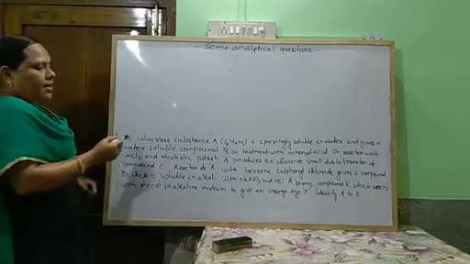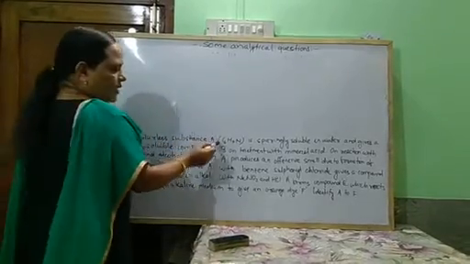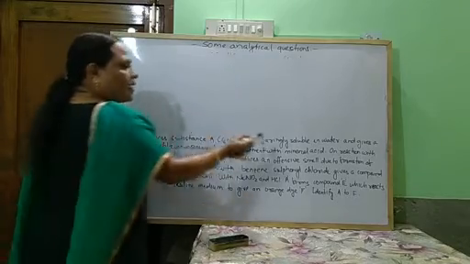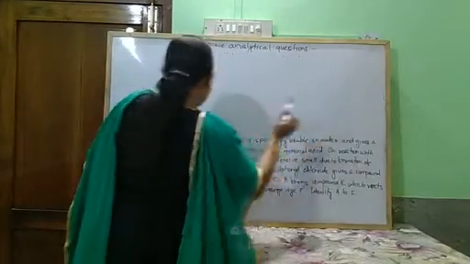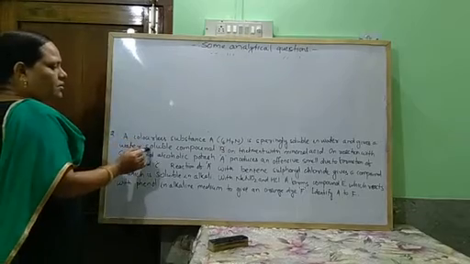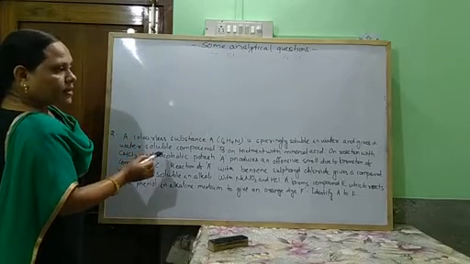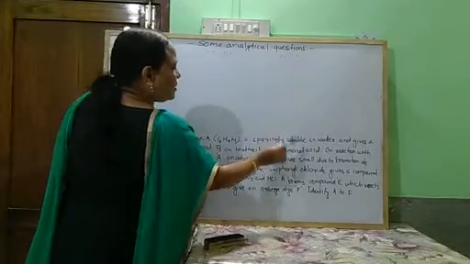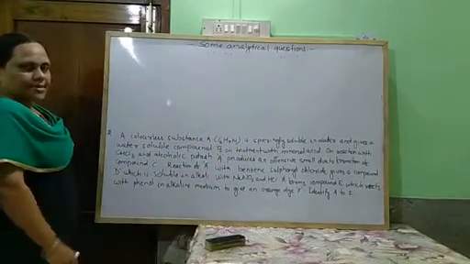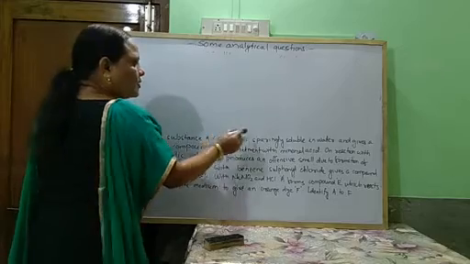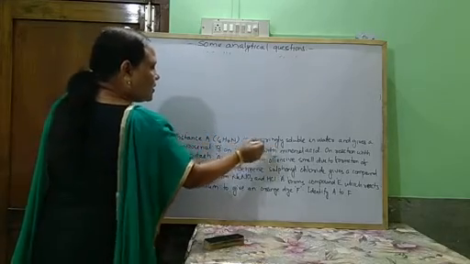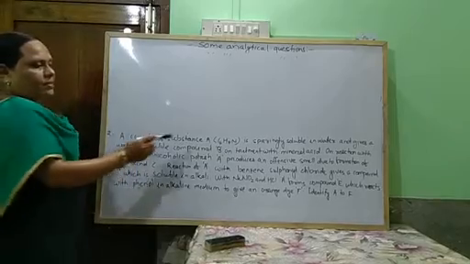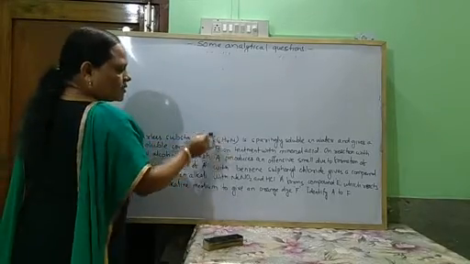A colorless substance A, again formula C6H7N, is sparingly soluble in water and gives a water-soluble compound B on treatment with mineral acid. So as it reacts with mineral acid and forms a water-soluble compound, that means it must be a basic compound.